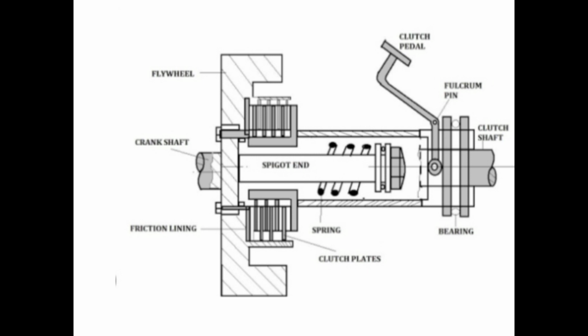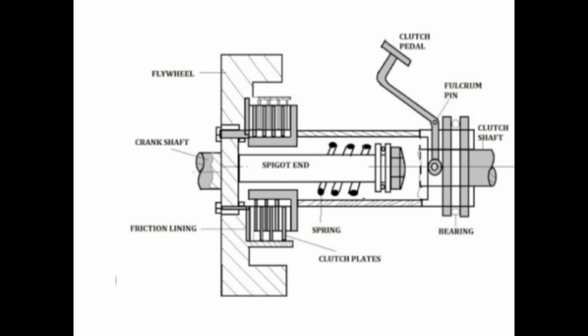These multi-plate clutches are used in heavy vehicles, racing cars and motorcycles for transmitting high torque. Compared to the single plate clutch, these are smooth and easy to operate due to the assembly of friction surfaces and surface contact.